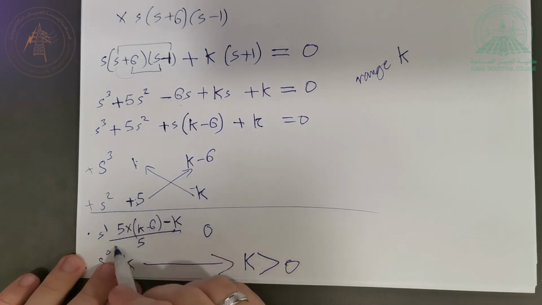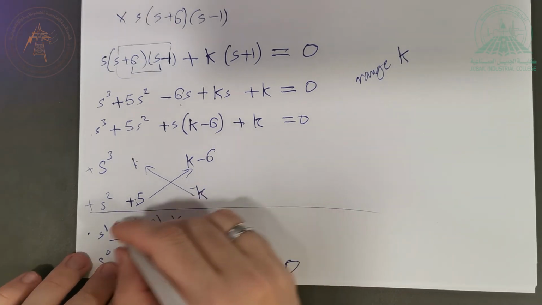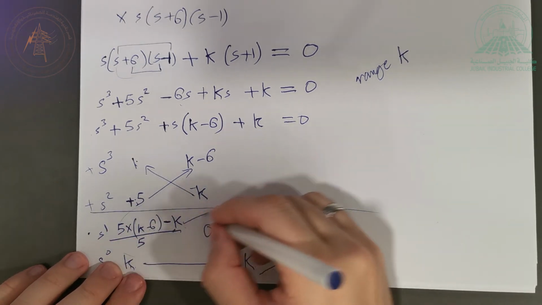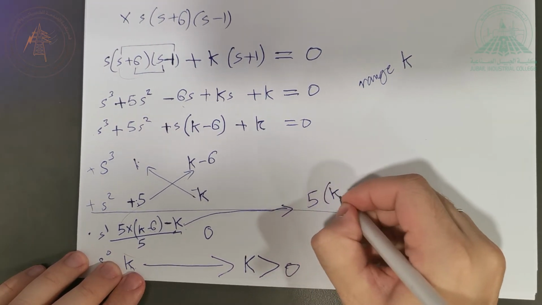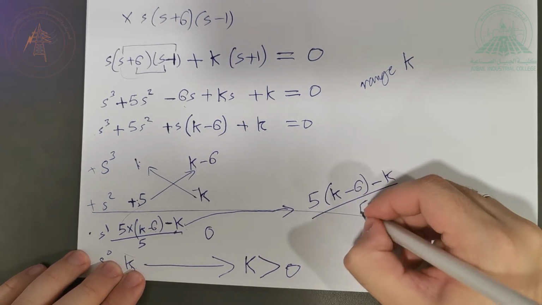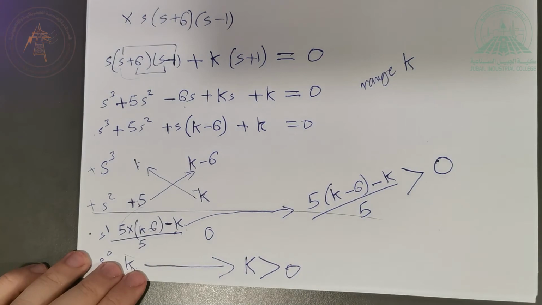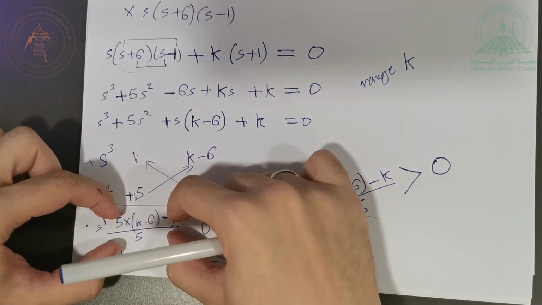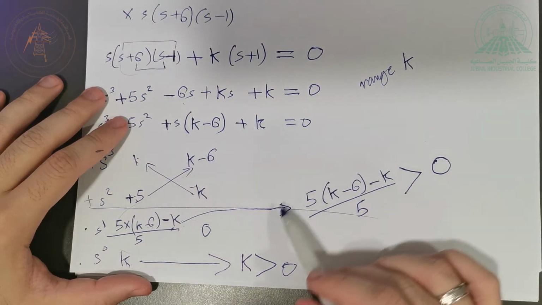I need to look at what values of k will make this positive. So I need all of this, 5 multiplied by k minus 6 minus k, divided by 5, to be greater than 0. I need this thing as a whole to become positive. Now in order for this to become positive, I only need the numerator to be positive.